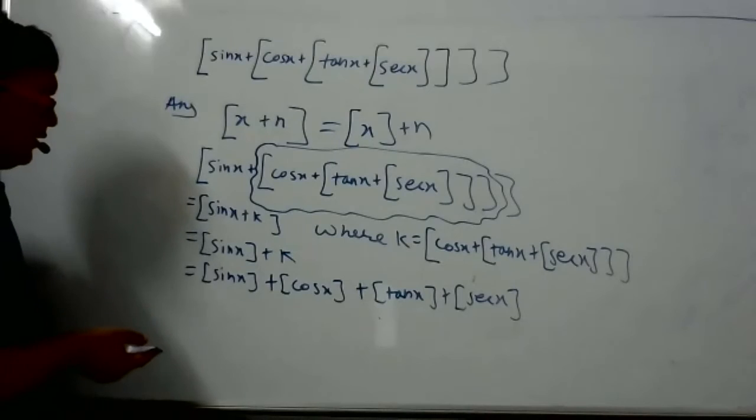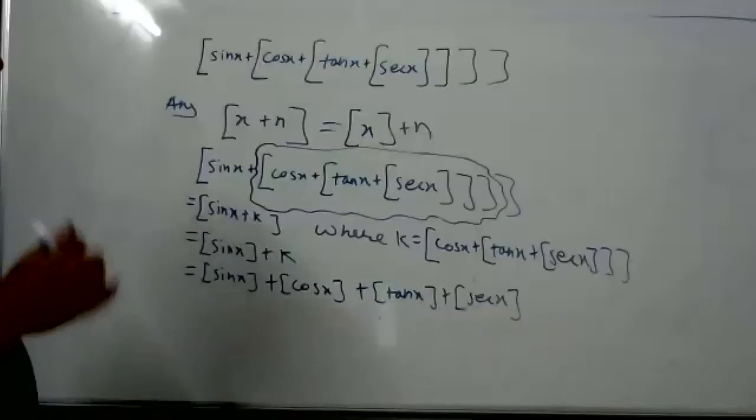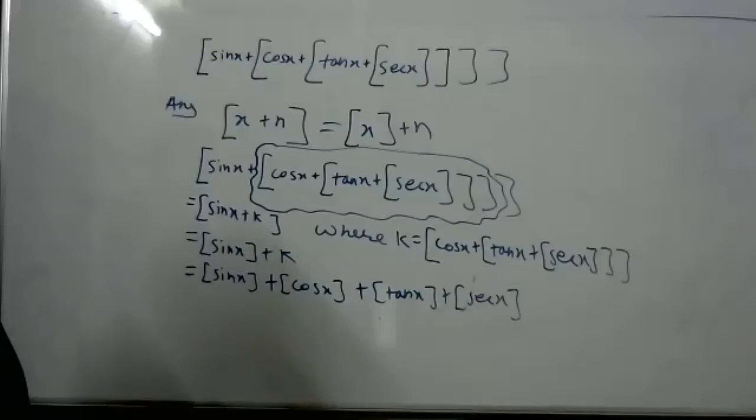I think it is not needed. Sir, are they asking range? Yes, sir, they're asking range. Sir, the answer is 1 here. How will one come? No, sir. Out of all these, tan x is most dominant, sir, because it has all integers.